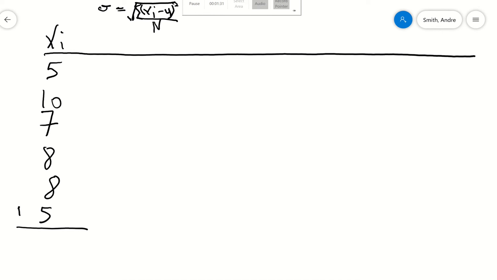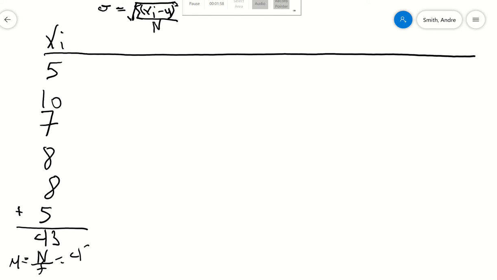Step number 1 is that we must determine the population mean. So remember what we'll do. We'll add all of our observations up, and that'll give us 43. And remember that the formula for the mean is simply the sum divided by n, the number of observations.